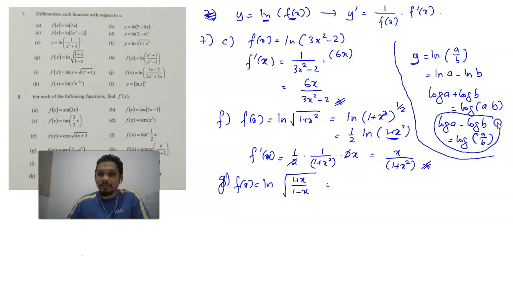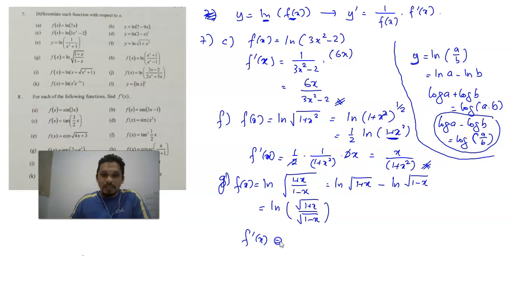Look at this one now. From here, you come out with natural log of the square root of 1 plus x minus natural log of the square root of 1 minus x, since log A divided by B equals log A minus log B. Before differentiating, square root means the power of half: natural log of (1 plus x) to the power of half minus natural log of (1 minus x) to the power of half.